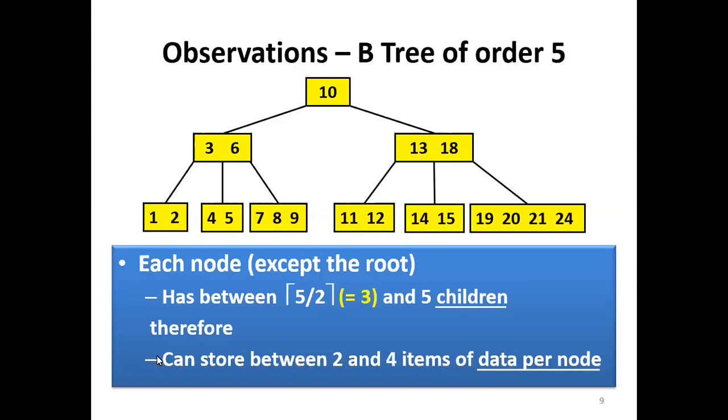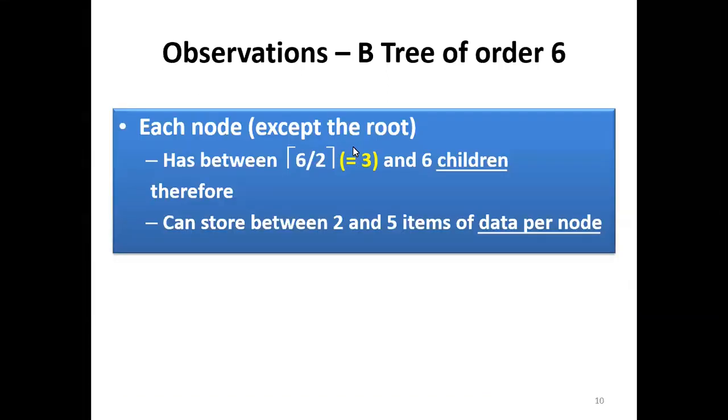This also implies that we can only store between 2 and 4 data items in each of the nodes. So this node has 2, this node has 2, this node has 2, and this node has 4. Except the root node, which can contain only one data item.